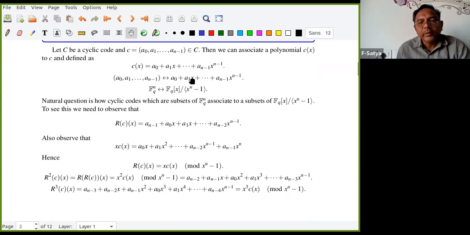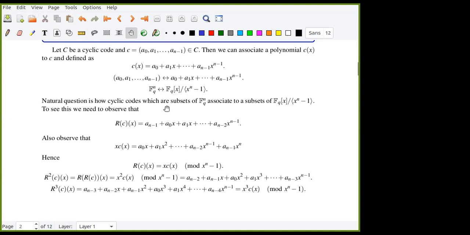It is a correspondence from F_q^n to F_q[x] quotiented by x^n minus 1. I'm quotienting with x^n minus 1, so I'm collecting only the polynomials. You take any polynomial and divide it by x^n minus 1. In the remainder, the polynomial degree is at most n minus 1. That is what we are doing. Is it okay? Yes, sir.